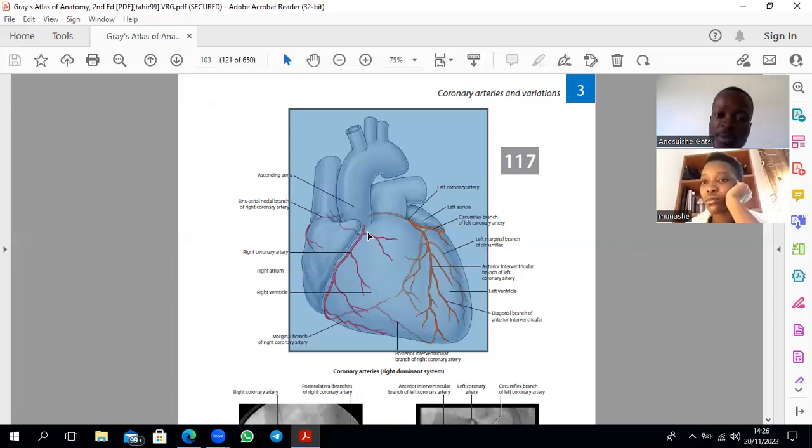I wouldn't know what your text says about the percentage, but in 90% of the population, the right coronary artery, when it reaches the base of the heart, goes posterior here as the posterior interventricular artery. So right dominance simply means in 90% of the people, the right coronary artery continues as the posterior interventricular artery.